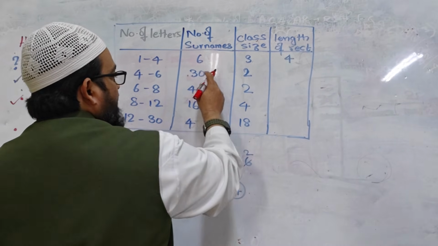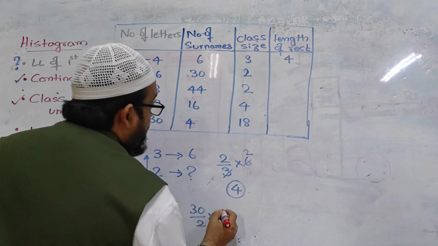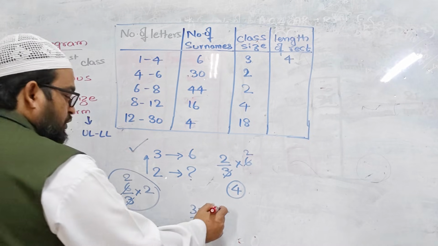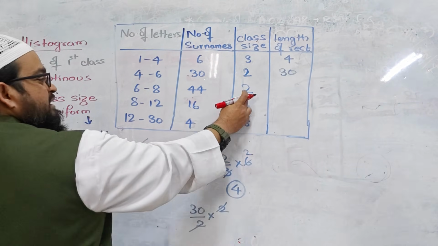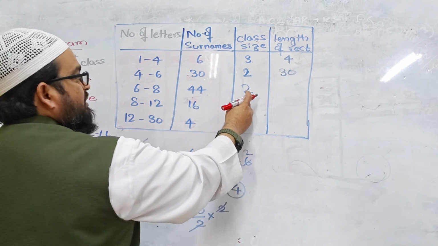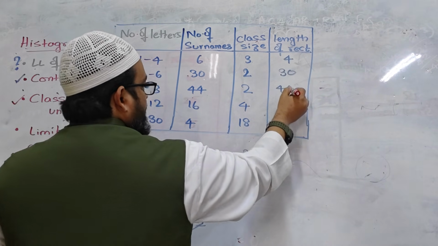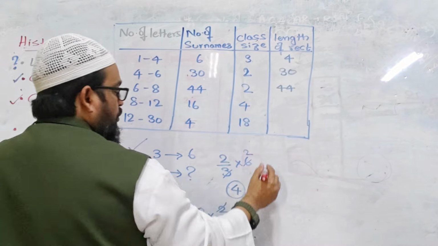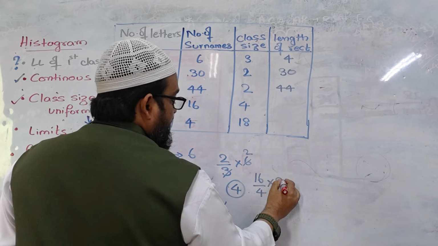Now in the same way it will be 30 divided by 12 into 2? No: for the class with size 2, what is the smaller one? 2. So 2 and 2 get cancelled, it will be 30, and since it is the smaller class size, the length stays the same. Next, 16 by 4 into the smaller class size 2.